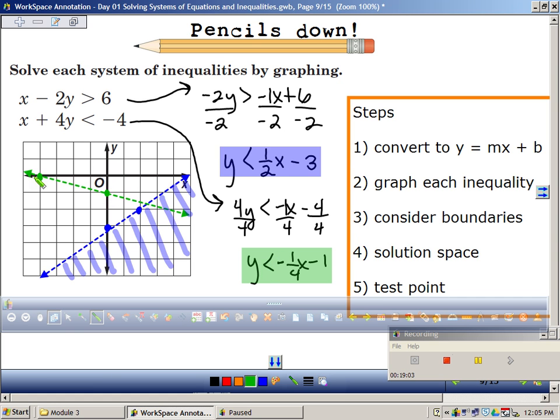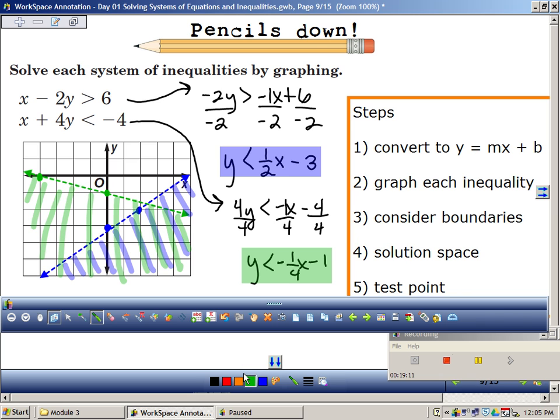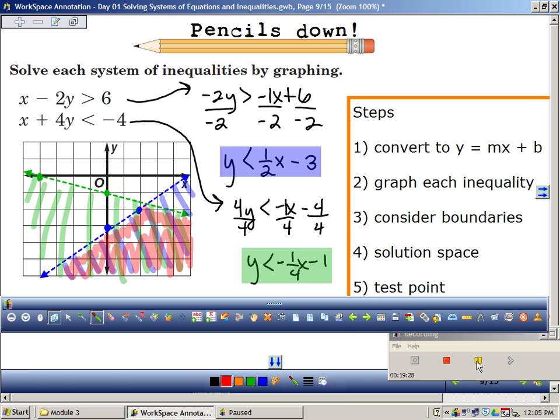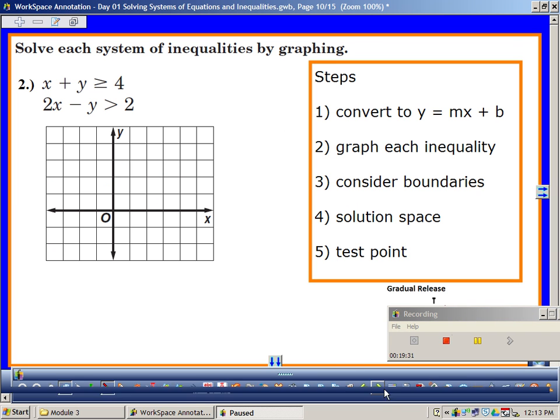Below. It says less than, so also below. Now, where is my shading intersecting? Where do you see green shading and blue shading? Here. So copy that.